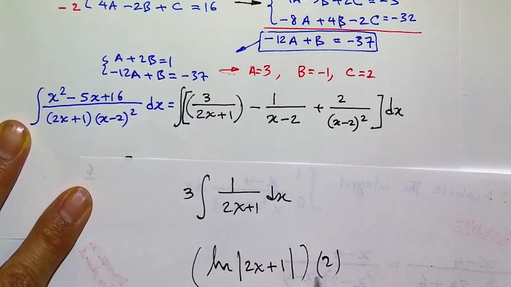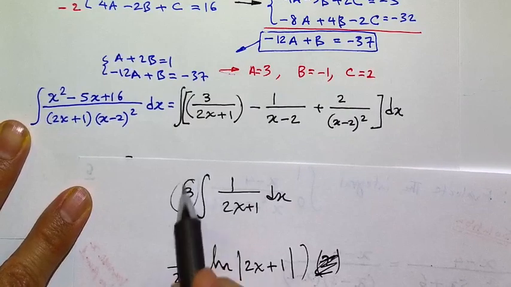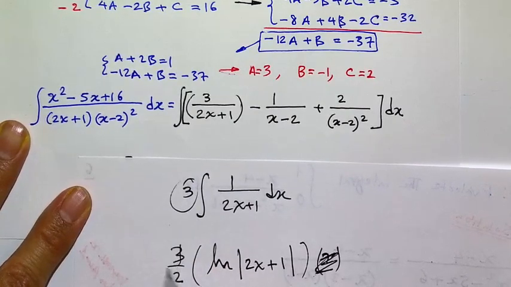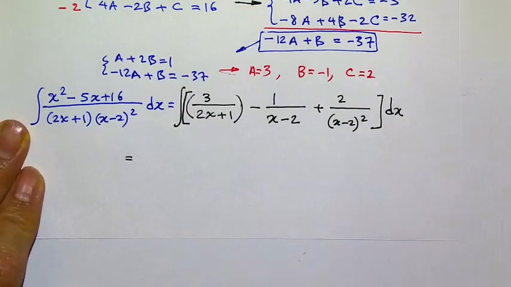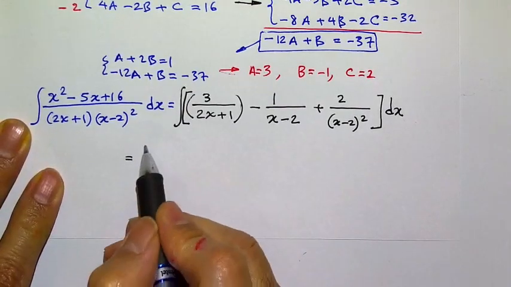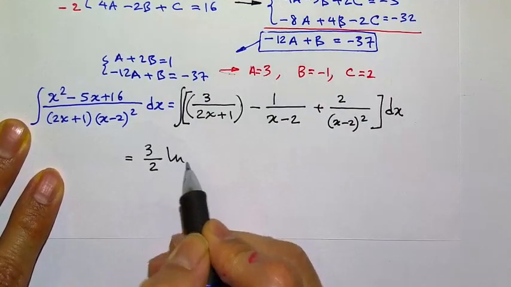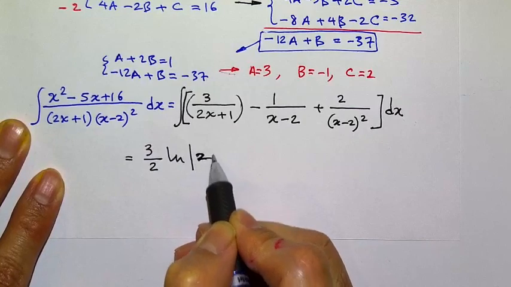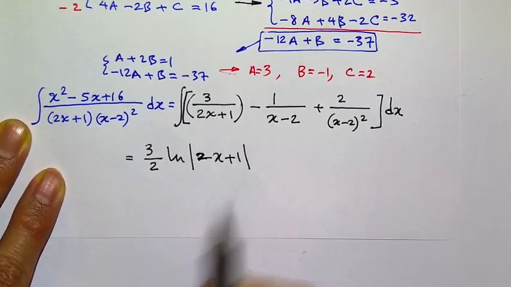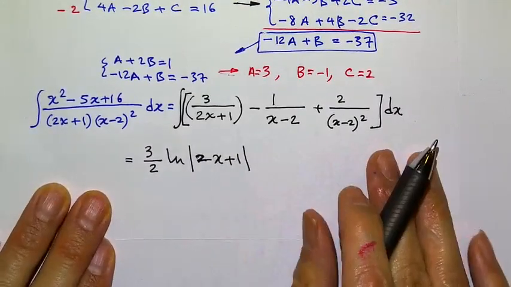So in order to get rid of this 2, we need to multiply this integral by 1/2, which means it'll multiply this 3, and we get 3/2 times natural log of the absolute value of 2x plus 1. That's the integral of the first one.